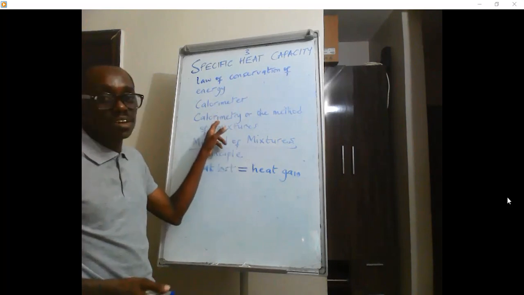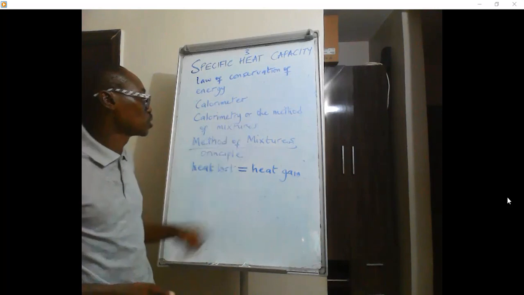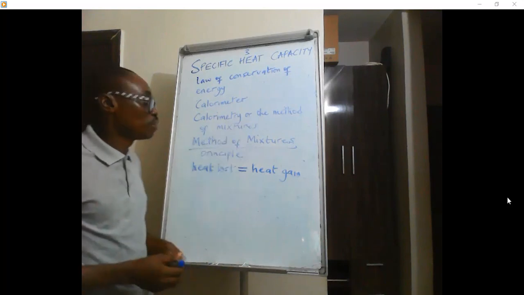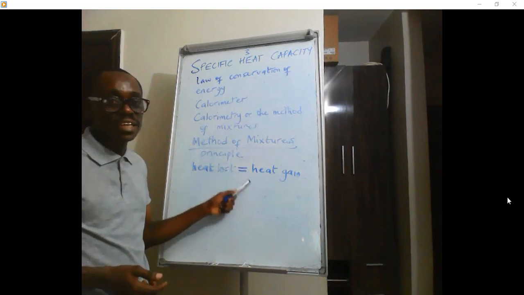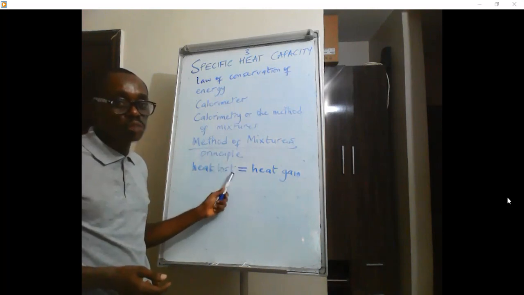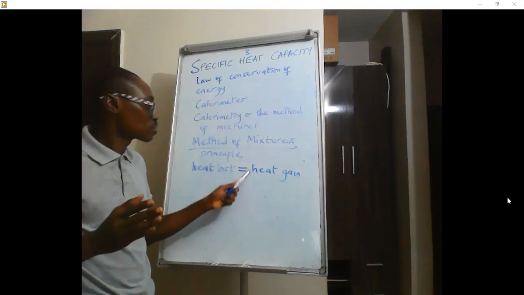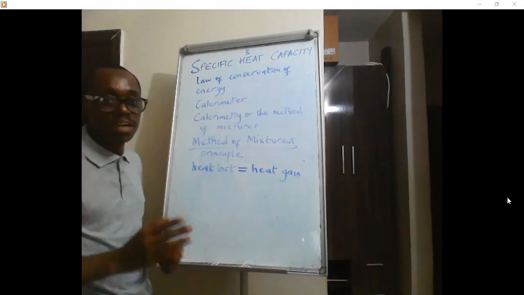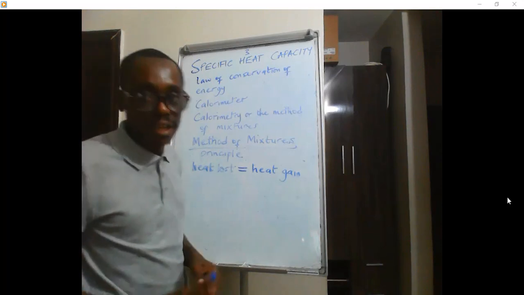The process by which this calorimeter is used is called calorimetry, or the method of mixtures. And the method of mixtures uses the principle that heat loss is equal to heat gain. Heat loss by the hot body is equal to the heat gain by the cold body, by the body at a lower temperature. So let me quickly explain this.